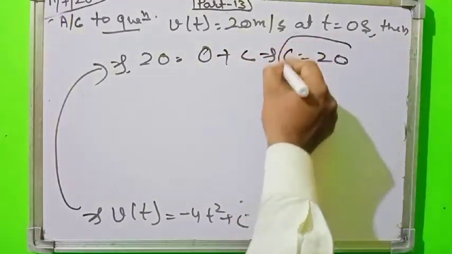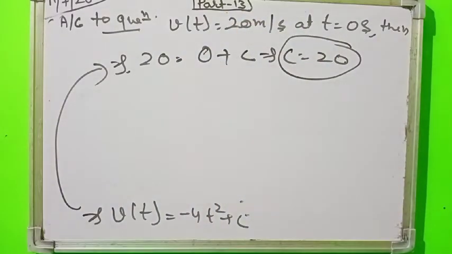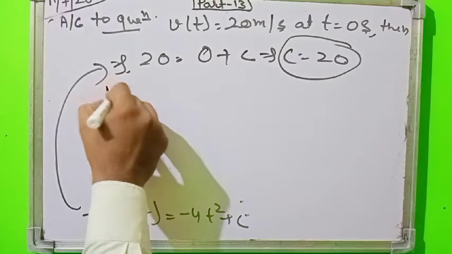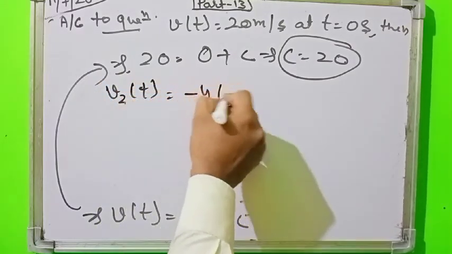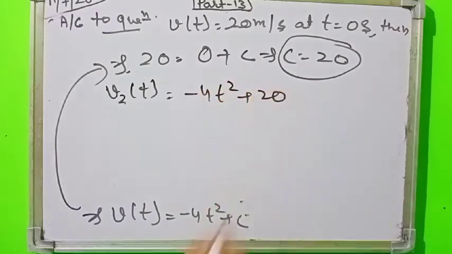So for this condition we get the value of the constant equal to 20. So v2(t) can be written as minus 4t square plus 20. So v1(t) and v2(t) we have got.